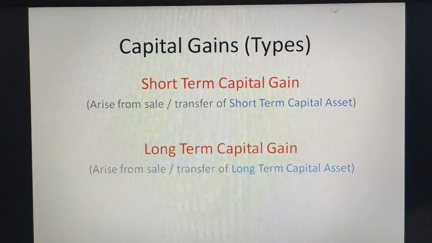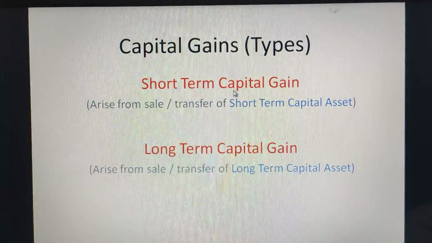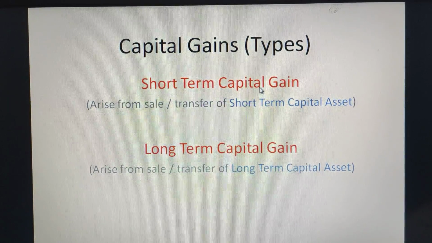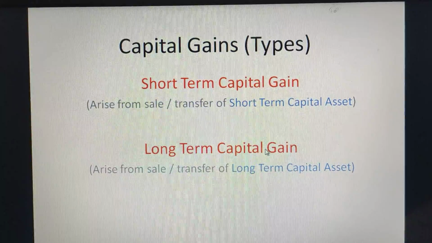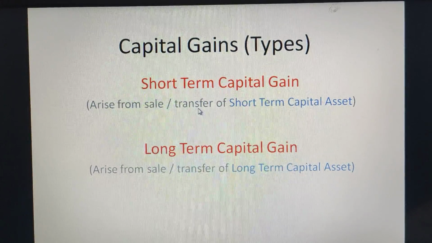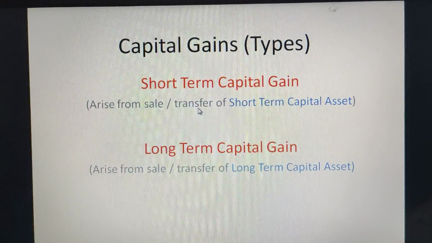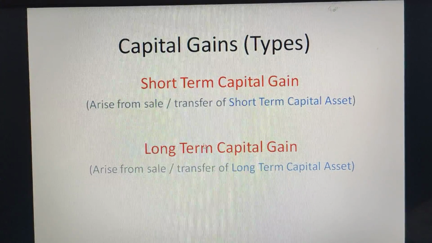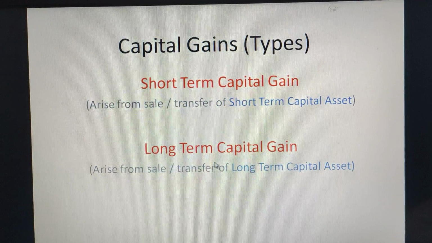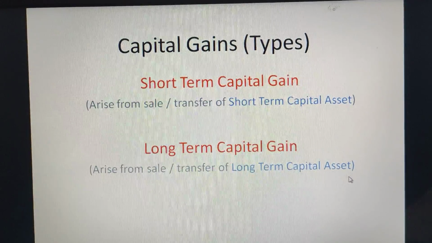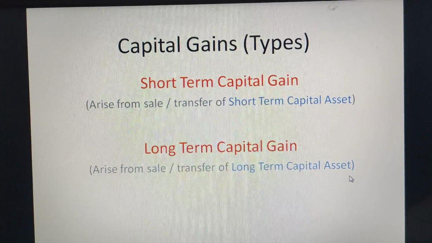As we saw in the previous session, there are two types of capital gains. One is short-term capital gain, the other is long-term capital gain. Short-term capital gain arises from the income generated through short-term capital assets. Long-term capital gain arises from the income generated from long-term capital assets.